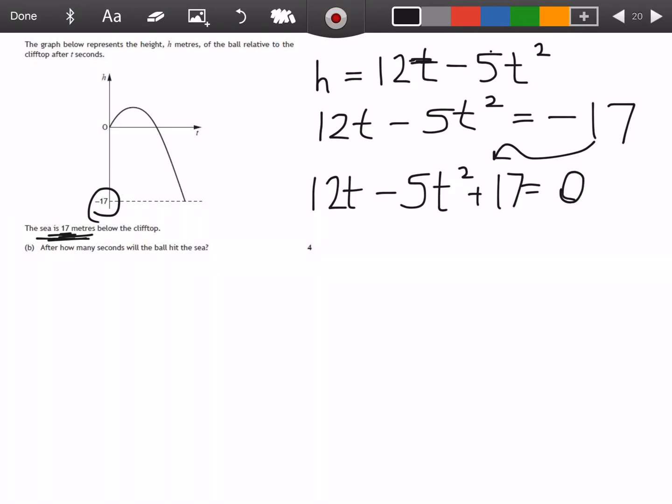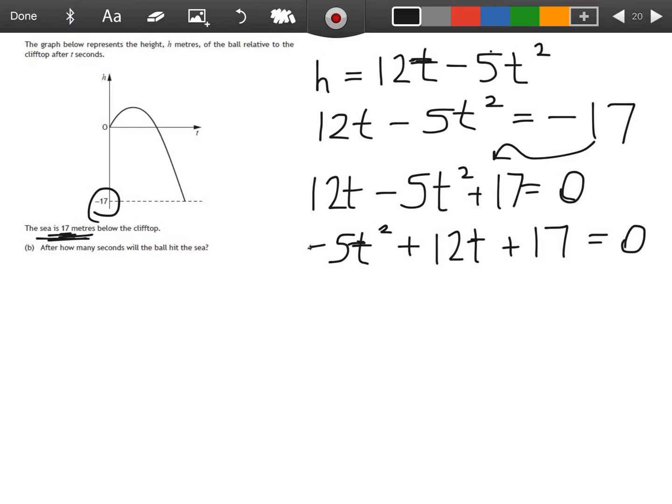Right? Now, I still don't like that equation. Some of you might have been able to just go straight ahead and done this at the start of this part, okay? I'm just going to tidy it up because remember we normally have our t squareds at the front, t in the middle, numbers at the end. It's looking a bit better. There's still something I don't like about that equation, and it's the fact that it's a negative 5t squared.